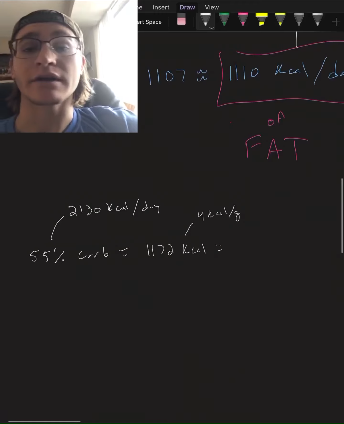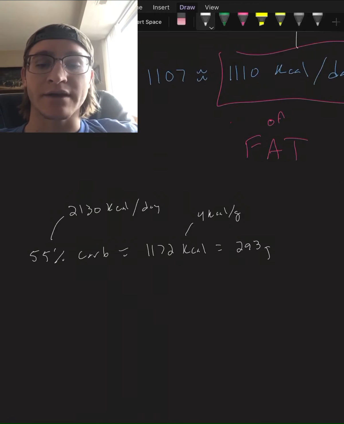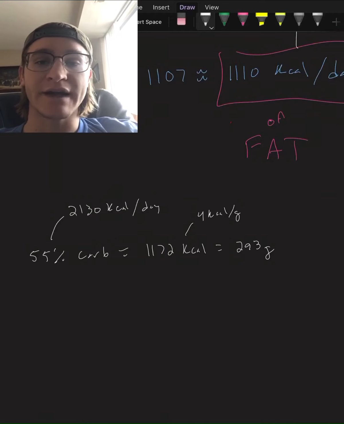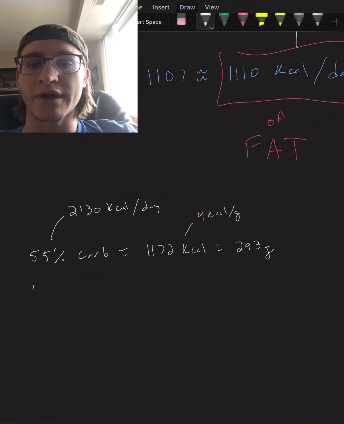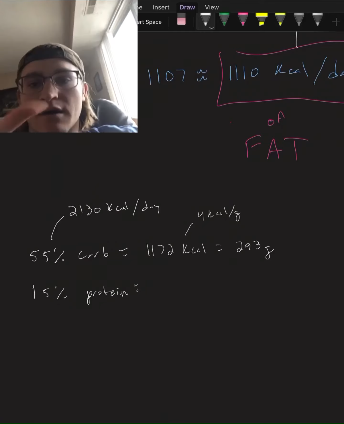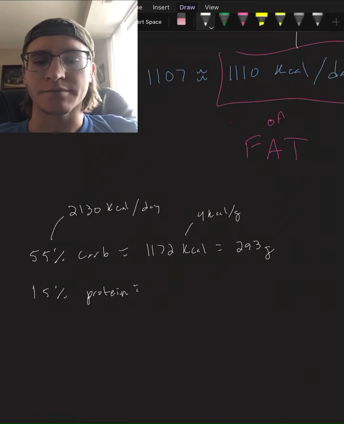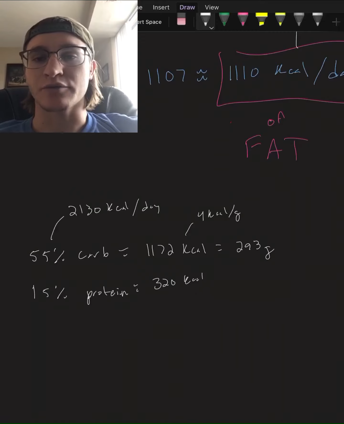So I know I'm like, oh, kilocalories, what is kilocalories? Well, there's 4 kilocalories a gram in carbohydrates, so that'd be 293 grams of carbohydrates per day. And you could find the grams of carbs on the back of nutritional boxes on all food items. So we want 15% of proteins.